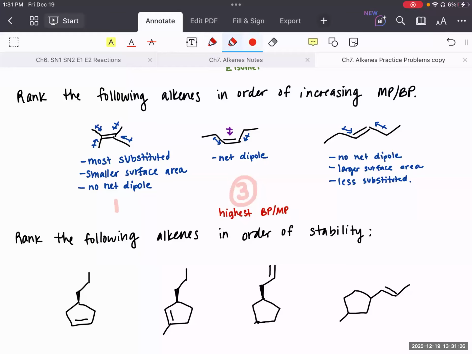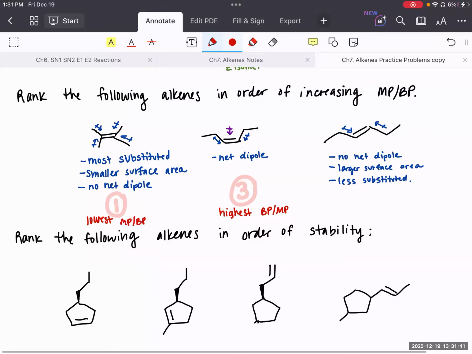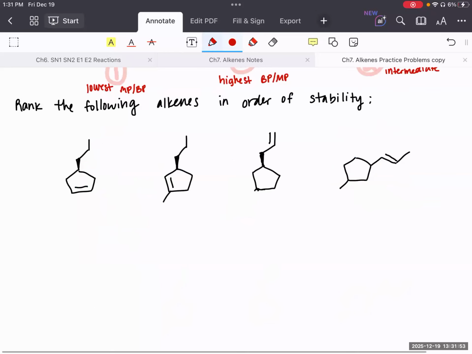The first one here is going to be the lowest, and that's primarily because we have no net dipole, and then also we're just really small and compact, so there's less surface area for intermolecular forces. And then finally, that last one is going to be intermediate, since we already know which one's the lowest and highest.